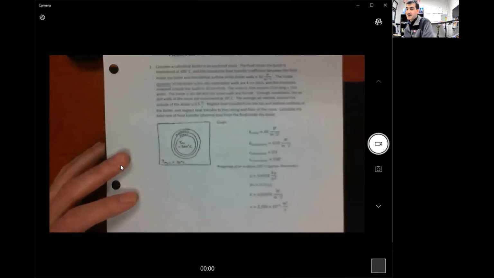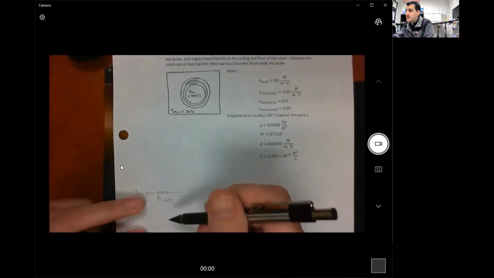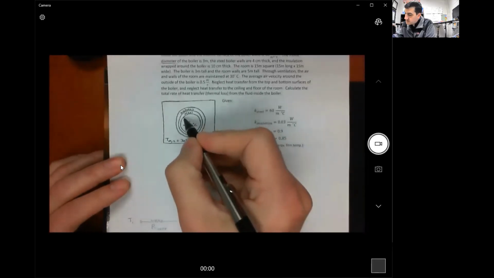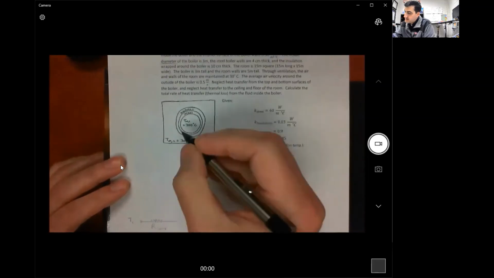You're given the convective heat transfer coefficient. So remember, R for convection is 1 over HA, and you're already given H. So you don't have to go through and calculate the Reynolds number and the Nusselt number here. You can calculate this very easily, very quickly. You got to know H and you got to know A, the interior area, the inside area of the wall. Okay, so that's the first resistance.